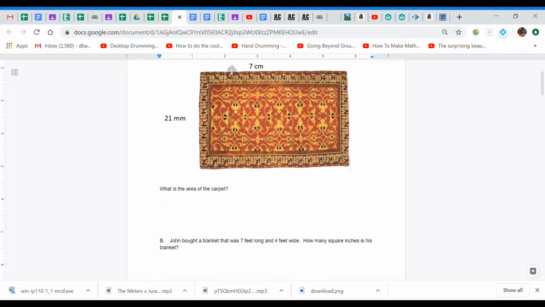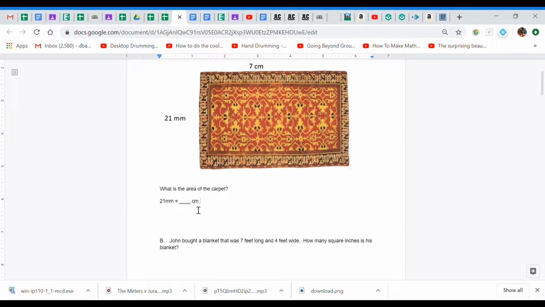Let's say I'm going to write the area in centimeters. So the first thing I need to do is turn 21 millimeters equals how many centimeters. This goes back to using your conversion sheets, and I'm going to have a link to conversion charts in the YouTube video description below, so check that out if you need it. I'm going from a small unit to a bigger unit, so I'm making groups, which means I need to divide.